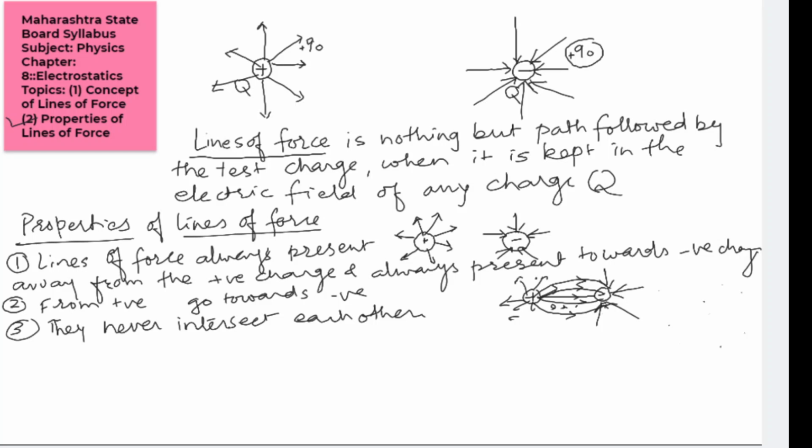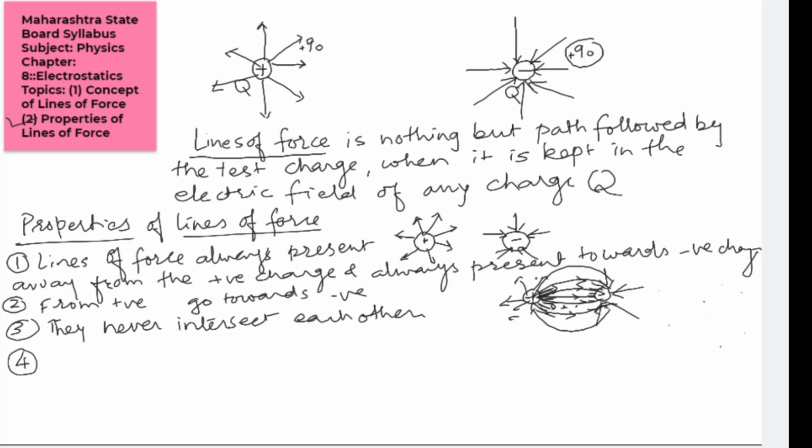Okay, fourth property now we will discuss. Now see here, at this place these lines of forces are crowding, and somewhere if these lines are going like this, these are rarely spaced.